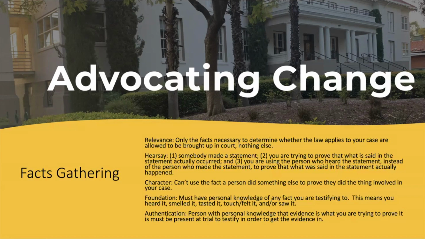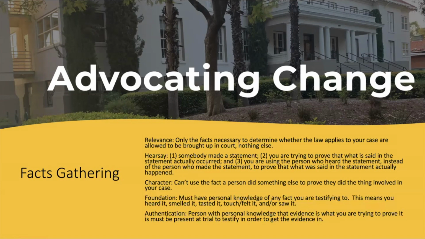Otherwise, there's no other way to prove that what my wife actually said was true. Meaning, you cannot use me to prove that my daughter actually puked on the floor just because my wife told me that that was the case.